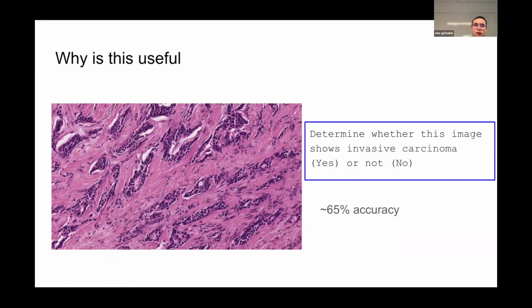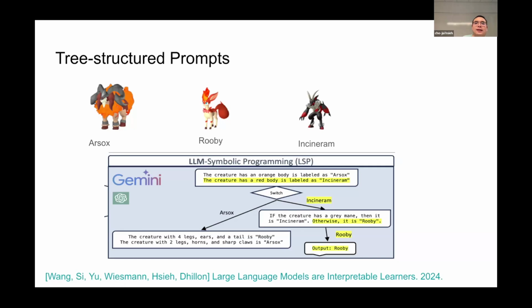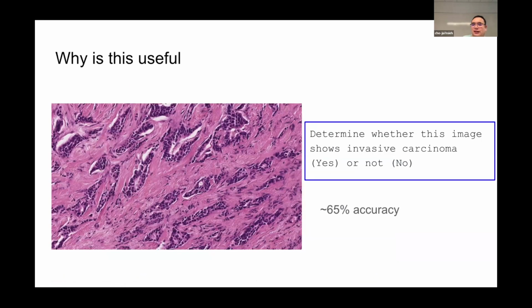Okay. And why is this useful? So why do we care about Pokemon classification? Actually, it's very useful in many domains where the LLM doesn't have enough knowledge to make a classification, but we want to learn from the data. So for example, this is one of our collaborations with a biomedical lab where we want to determine whether the image shows invasive carcinoma or not.